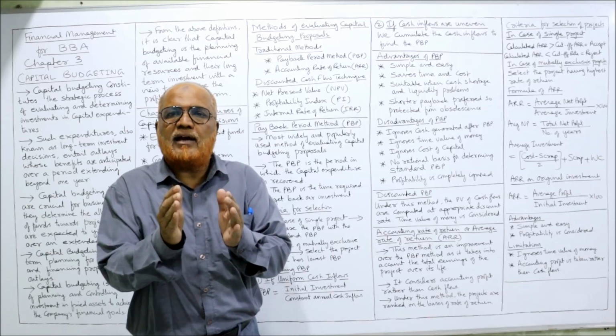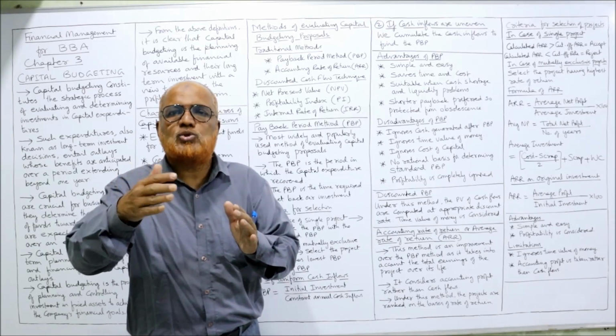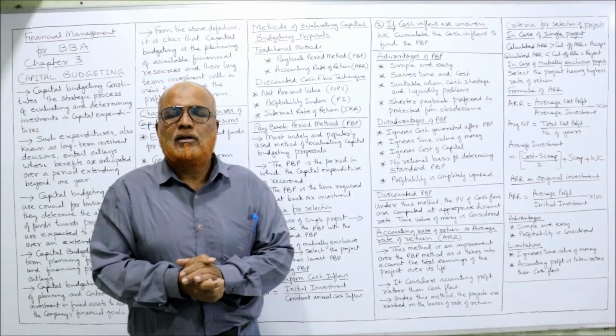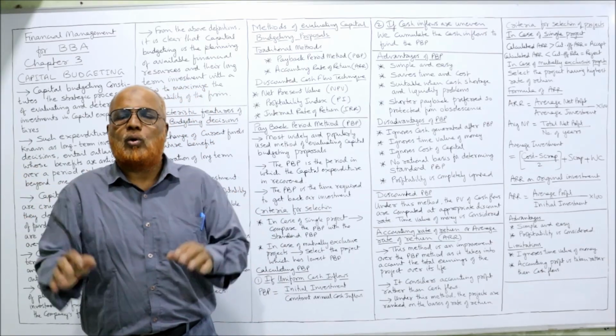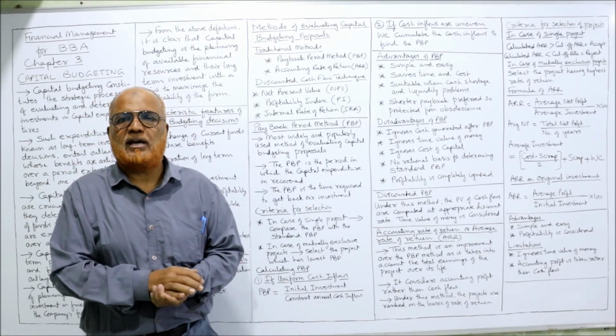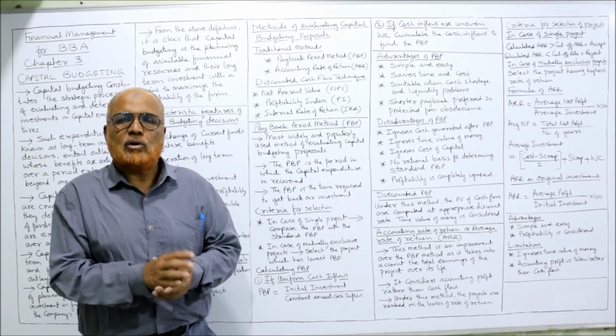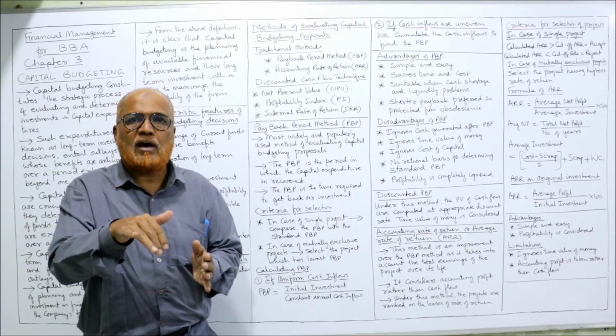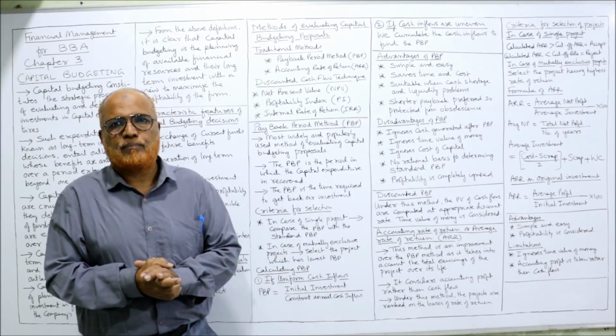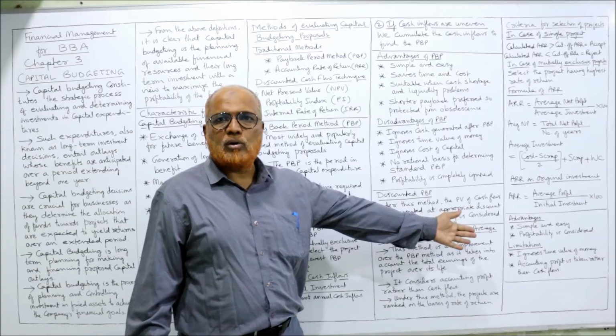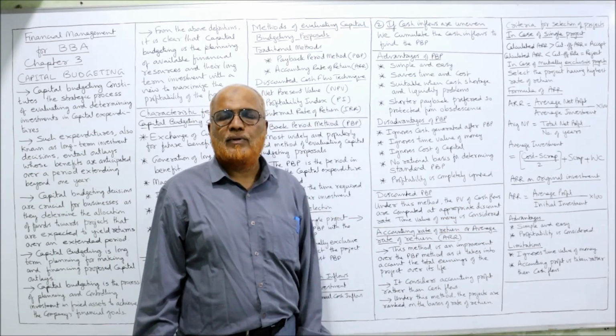Because in calculating accounting profit, so many judgments, so many assumptions are made. Those assumptions we ignore. Only cash transactions will be taken, how much inflow, how much outflow. That is called cash flow. So cash flow is having a superiority over accounting profit. So here it takes only accounting profit, that's why it's a drawback.